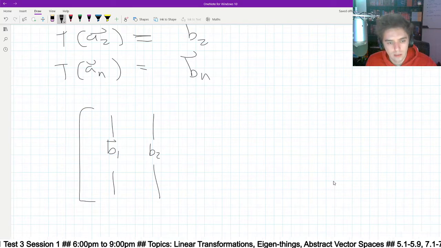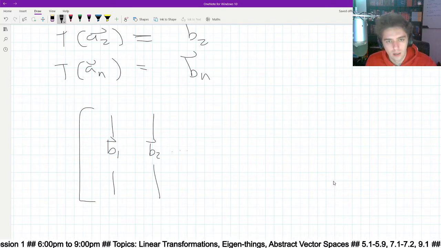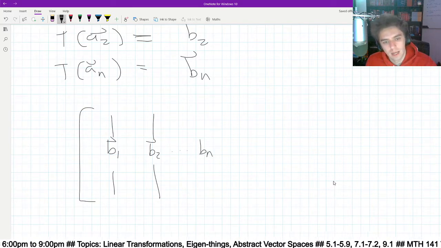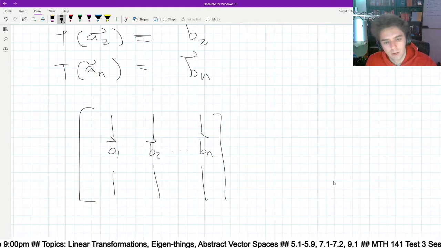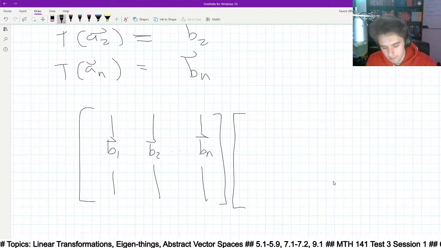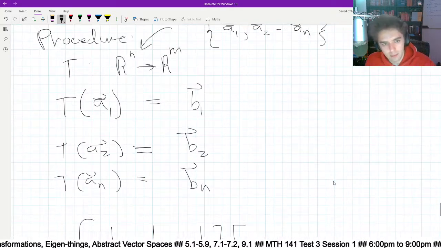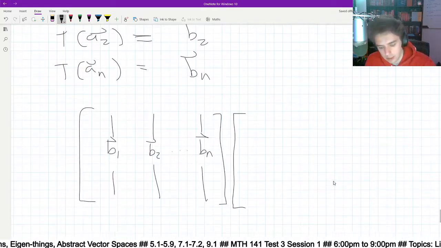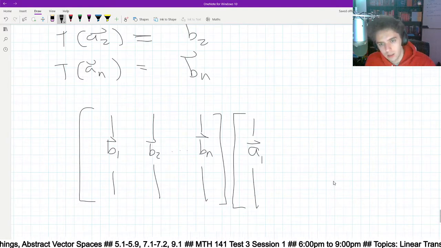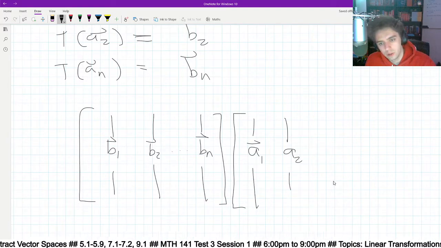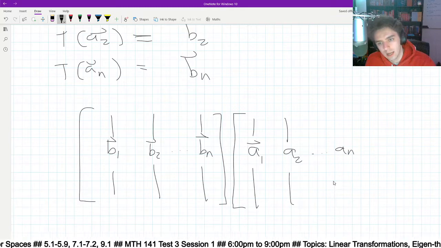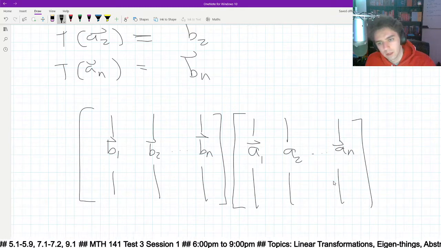And we multiply that by the inverse of the input vectors, arranged in the same way: A1, A2, dot dot dot, An, but the inverse of it.